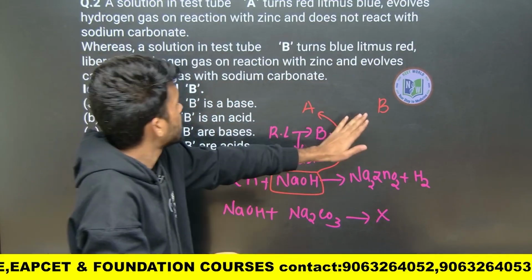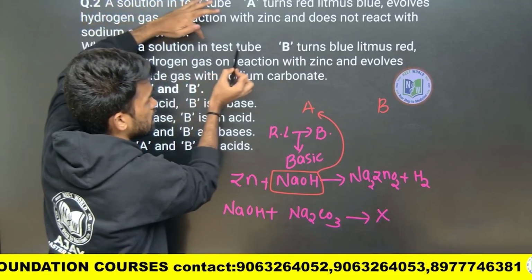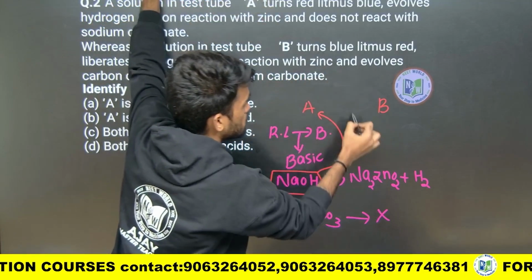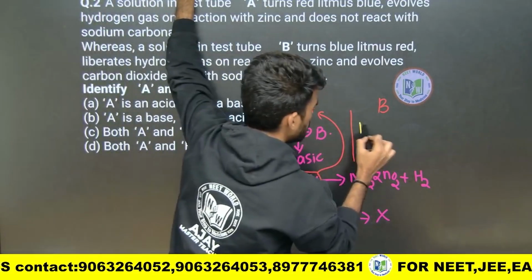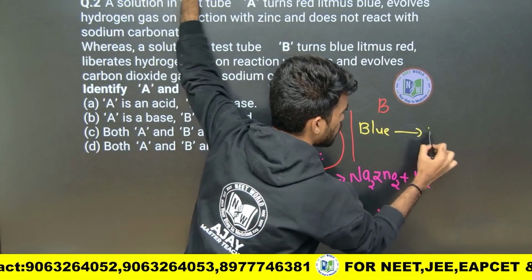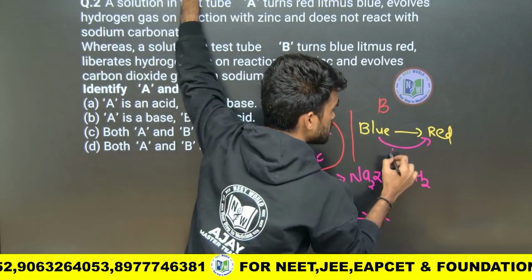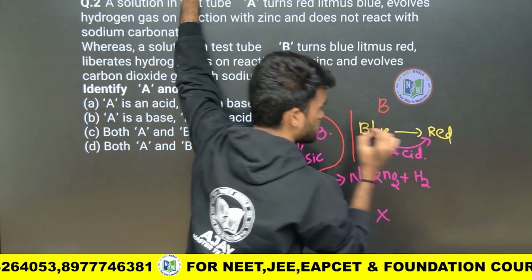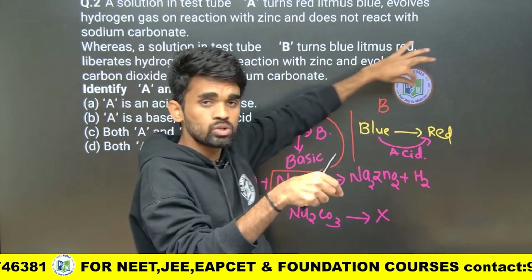Now let us read about test tube B. The solution in test tube B turns blue litmus to red. Blue litmus to red means what is this solution? It might be an acidic solution, because litmus paper whenever we keep it in the acidic medium converts blue color to red color.